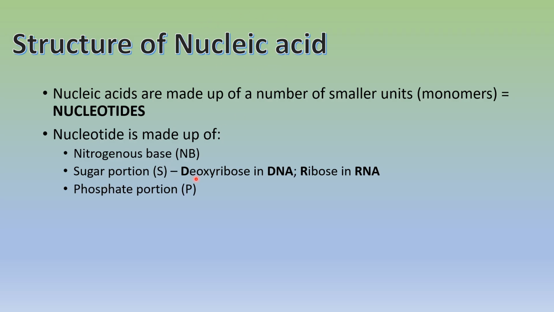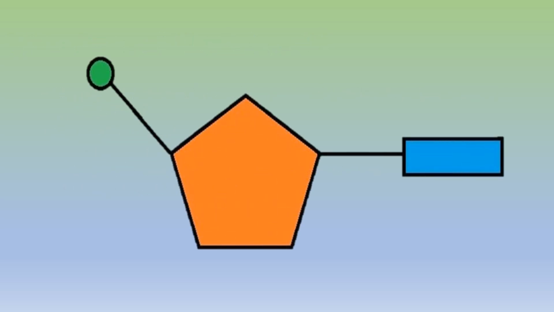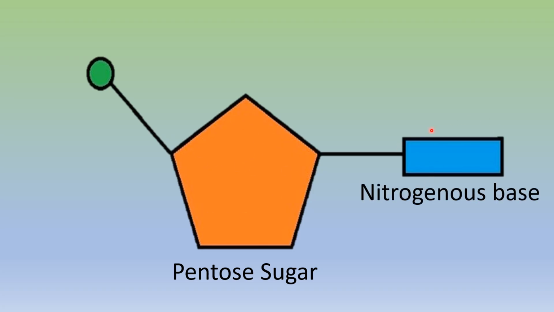So this is the basic structure of a nucleotide. Here it says pentose sugar, which is our sugar portion. This is our nitrogenous base, and here is the phosphate ion.